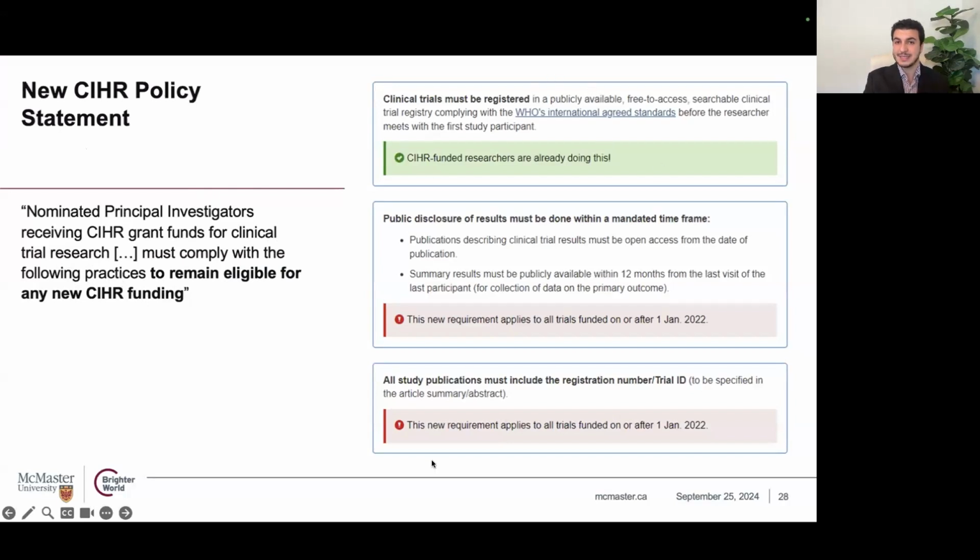And as you can see here on the right-hand side, this includes registering their clinical trial. It includes that the results must be publicly disclosed within 1 year, within 12 months, and that all study publication must include a registration number or trial ID, which is great.